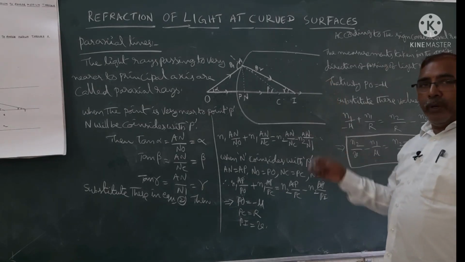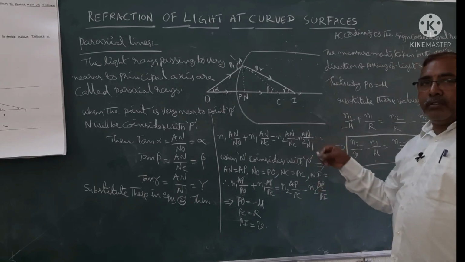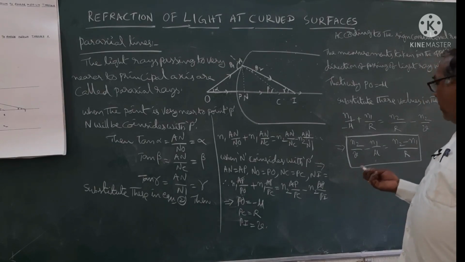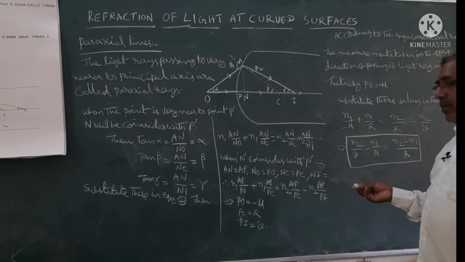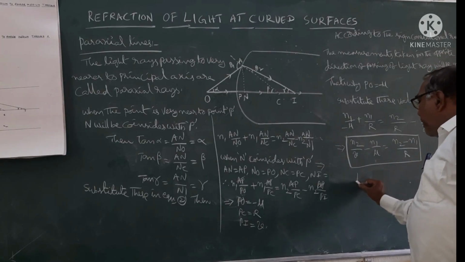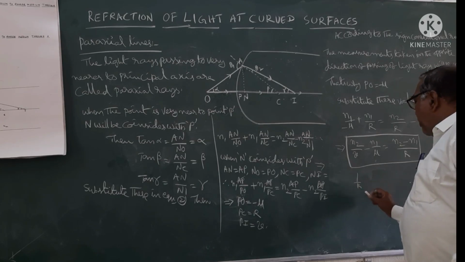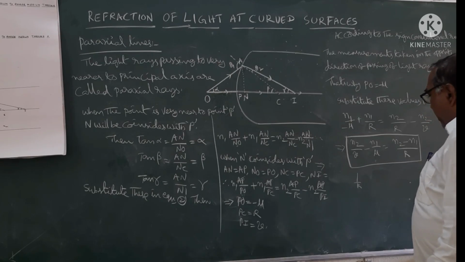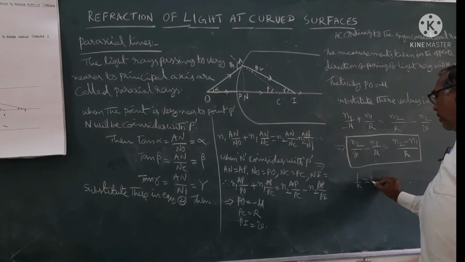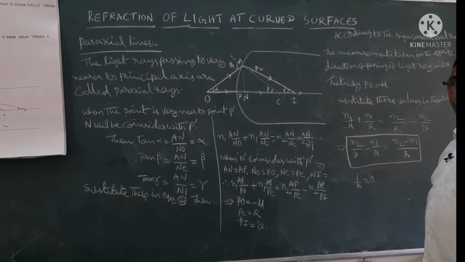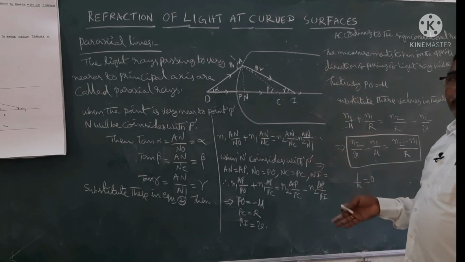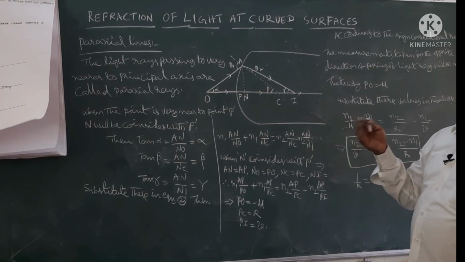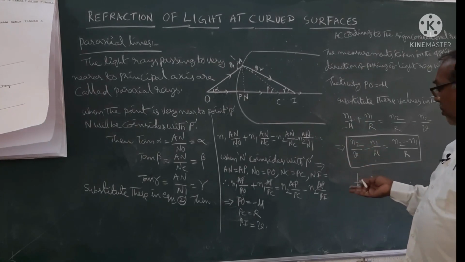If the surface is plane, what will the equation be? If the surface is plane, the radius of curvature R is infinity, then 1 by R is equal to 0.